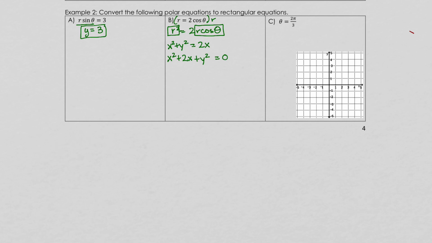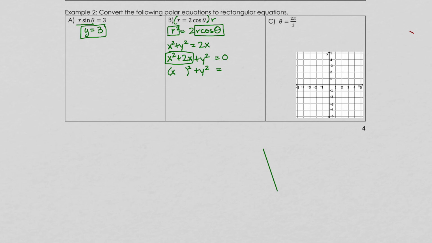And technically from the beginning you were rectangular, but we're writing it as a circle, where it's x squared plus y squared equals a number. So we need these x's grouped together. So we're going to complete the square with that bit. So I can write this as x plus or minus something squared plus y squared equals something, okay?